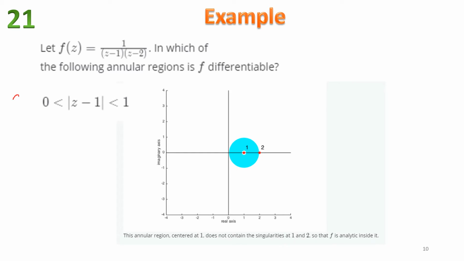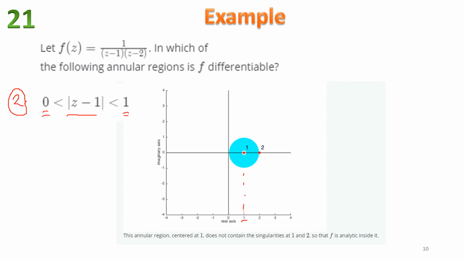Now let us deal with the second case, where we are talking about the region which is mod of z minus 1 lying between 0 and 1. So mod of z minus 1 means we have to locate a circle or a disk centered around 1, and here you can make the mark, and we consider the region lying between 0 and 1, excluding 0 and excluding 1.